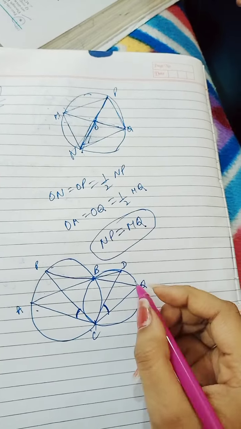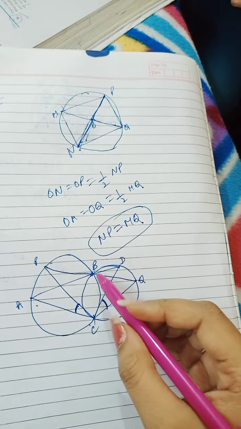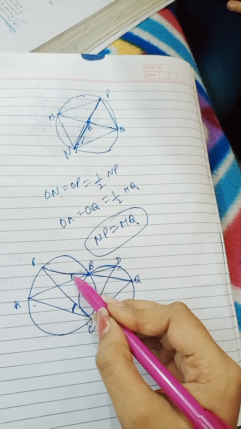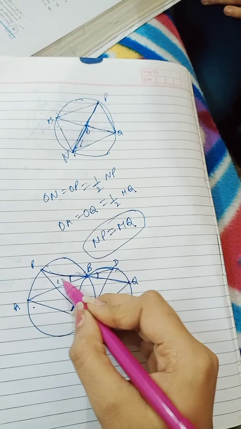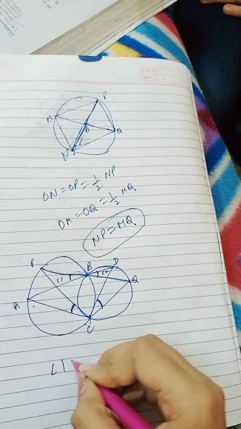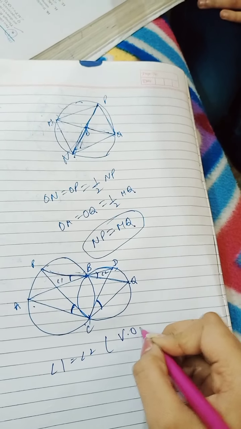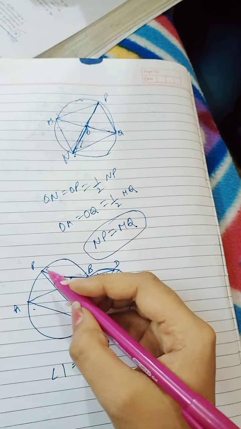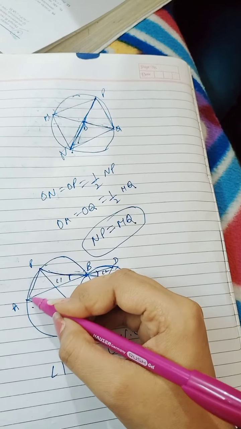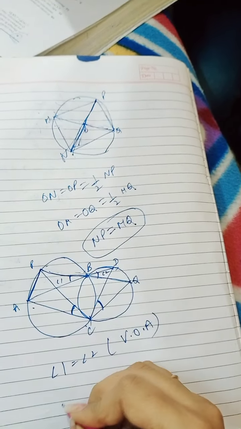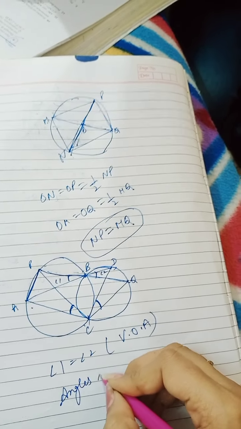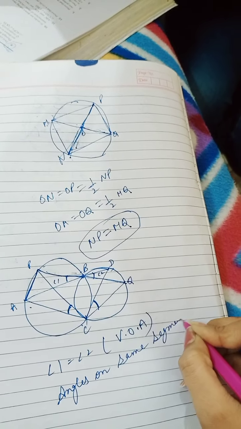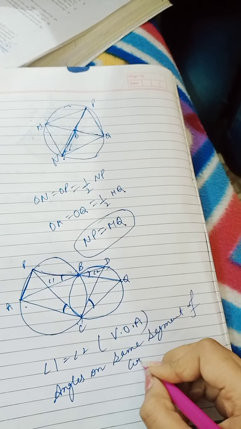So what you will do, students, very simple: if these lines are intersecting, then vertically opposite angles must be equal. Angle 1 equals angle 2. Reason being, vertically opposite angles, because the lines are intersecting. Now if you take the same segment AP, as you know very well the theorem, angles on the same segment of a circle are equal.